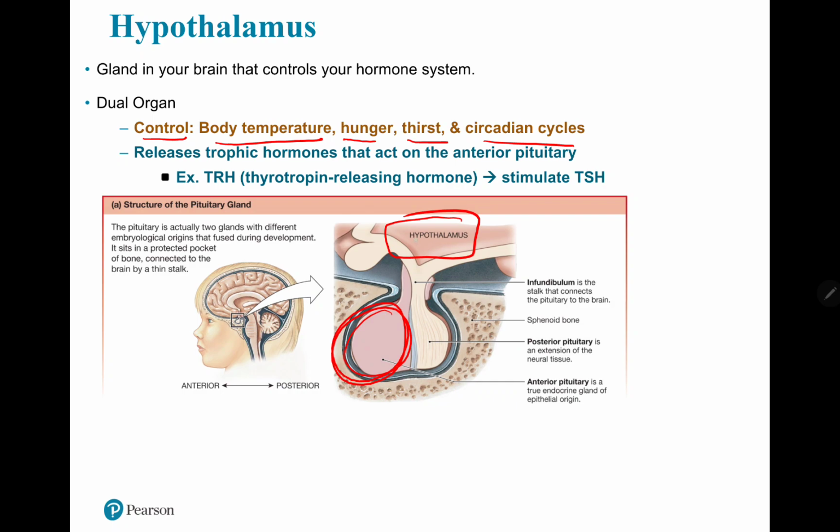For example, the hypothalamus will release TRH, thyrotropin releasing hormone, which gets sent down the hypophyseal portal system and stimulates the anterior pituitary gland to release TSH, thyroid stimulating hormone. Then that goes to the thyroid gland to produce T3 and T4 to maintain homeostasis within the body, things like that.